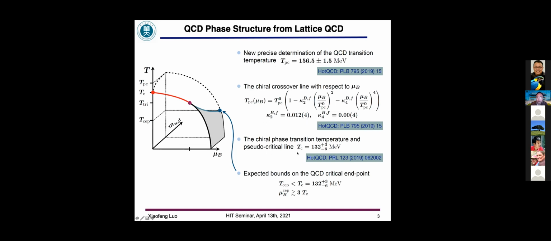Later, they also calculate the chiral phase transition temperature and pseudo-critical line, with the chiral phase transition temperature around 132 MeV. Their estimation about the location of the QCD critical point is that the mu_B of the critical point is larger than 3 T_c, and the temperature of the critical point should be lower than the T_c, which is 132 MeV. So that's their estimation.